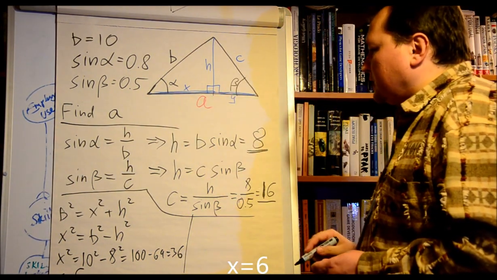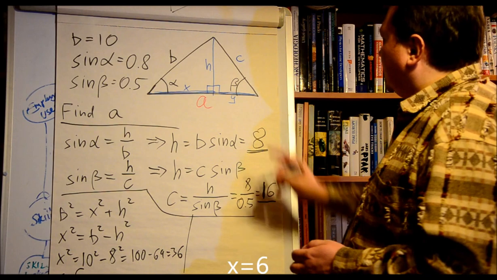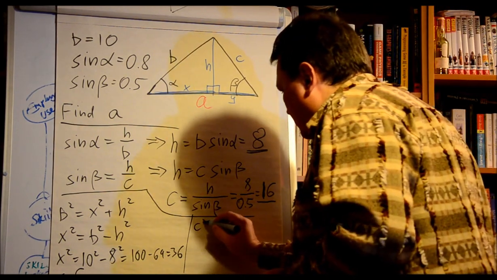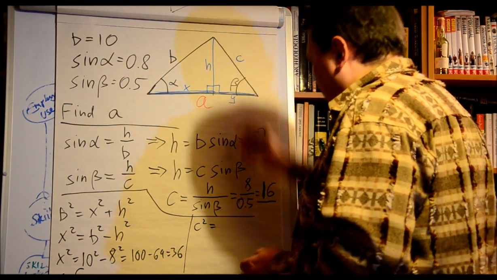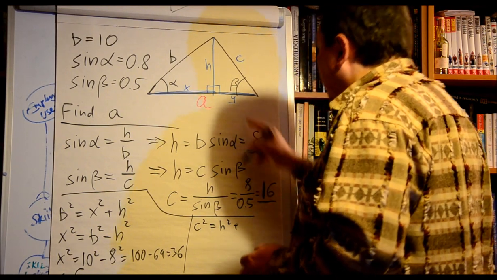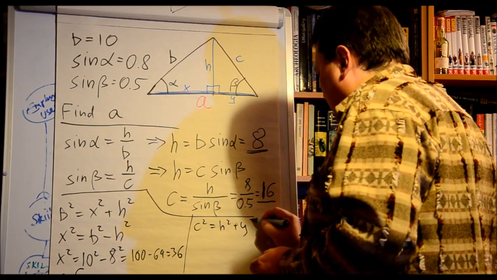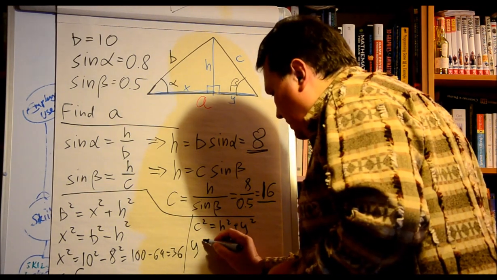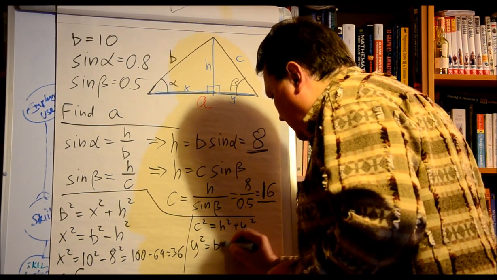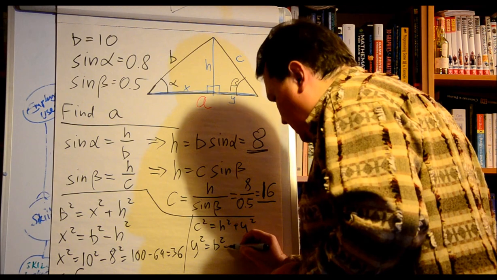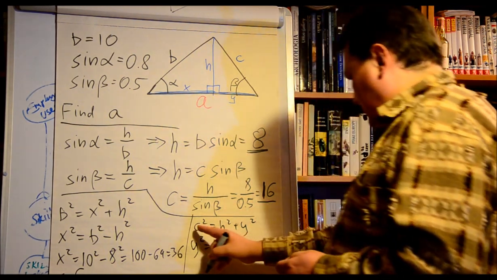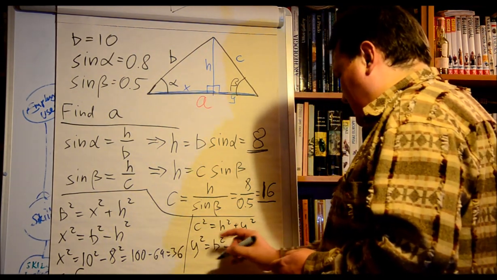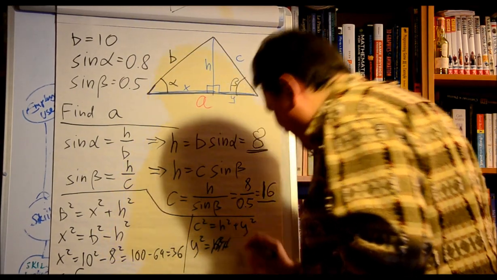For the second triangle, we get c square equals h square plus y square. And we are looking for y, so y square is b square plus, minus, wrong.